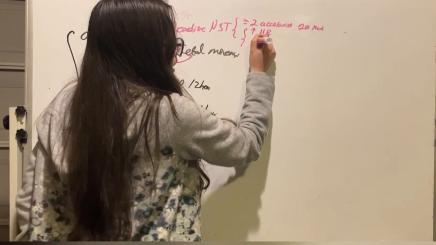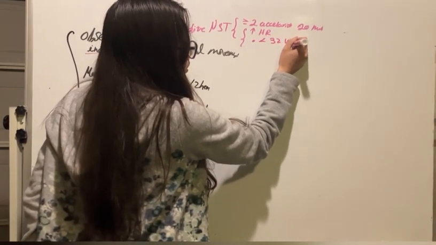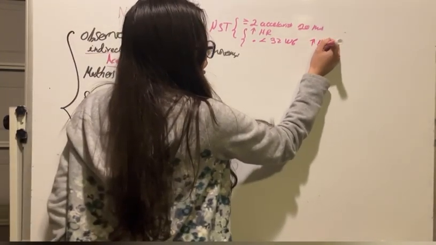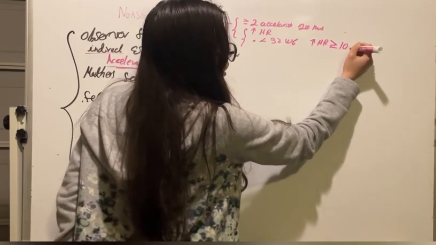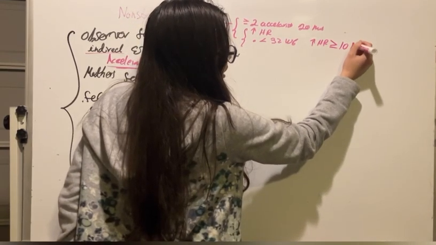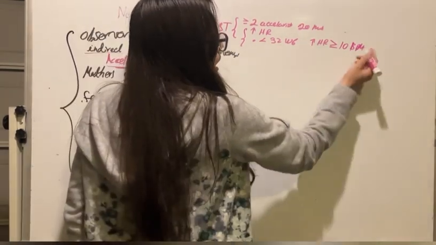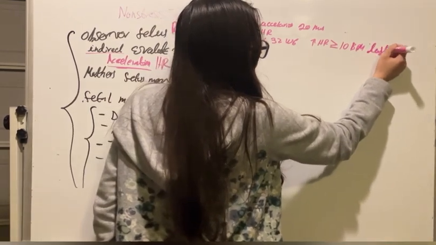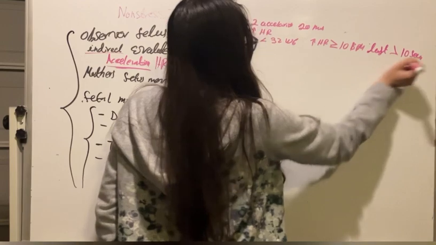If the patient is less than 32 weeks gestation, we should look for an increase in heart rate greater than or equal to 10 beats per minute, lasting greater than 10 seconds.